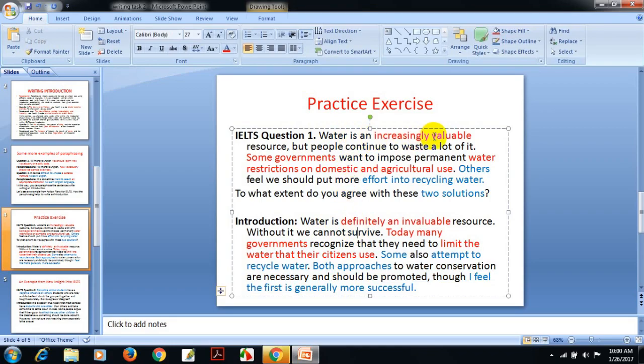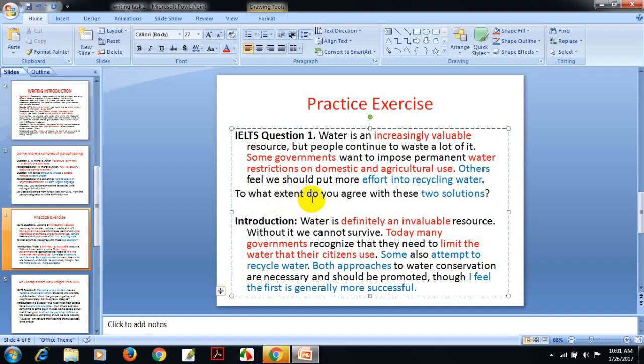Water is an increasingly valuable resource, but people continue to waste a lot of it. Some governments want to impose permanent water restrictions on domestic and agricultural use. Others feel we should put some effort into recycling water.